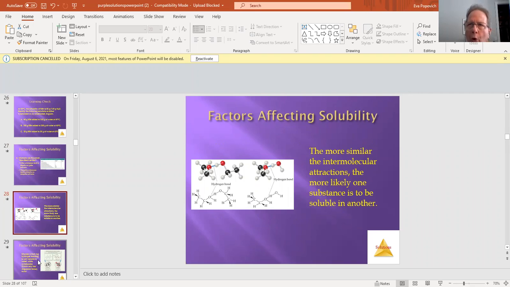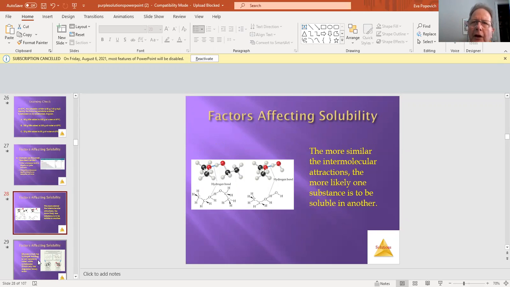Remember, if we have a polar solute, that has dipole-dipole bonds. We still have to break them, but when we recreate the solvent-solute bonds, it's going to be a dipole with a dipole. That is going to be strong enough to overcome the breaking of the dipole-dipole bonds.